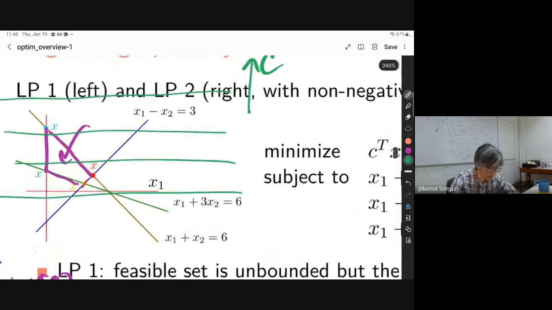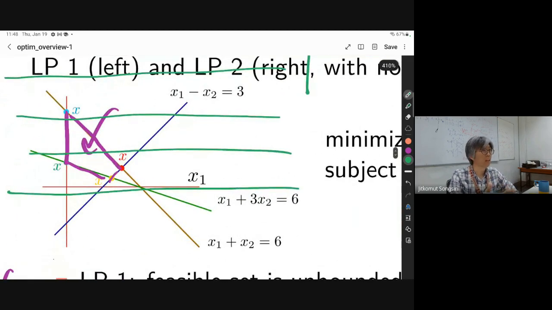I zoom up. What do we find in this linear program? Again, my solution has to stay on the constraint set, has to lie inside or on the border of that polyhedron. But I'm going to look at the point of that polyhedron where it corresponds to the smallest function value.